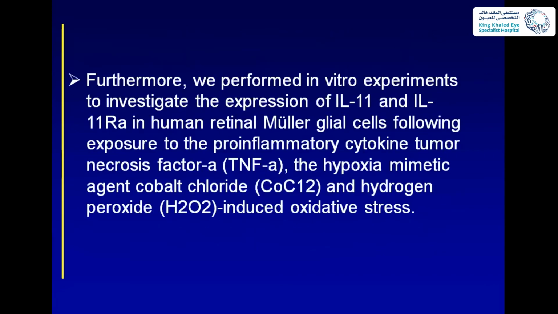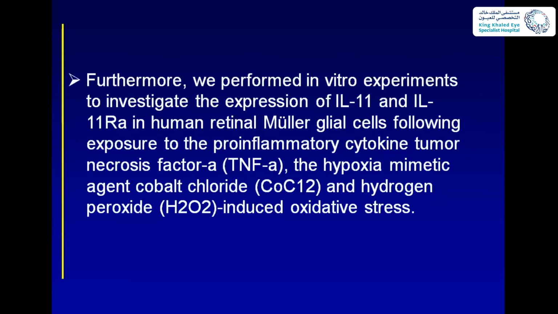After that, I have shown you the structure of the Muller cell. The Muller cell has a lot of functions. It has two processes, one toward the retina and one toward the vitreous, providing the framework, and it produces a lot of cytokines playing a major role. So we mimic the condition. We use human retinal Muller glial cells in cell culture, and we treat them with TNF alpha, cobalt chloride, and hydrogen peroxide.